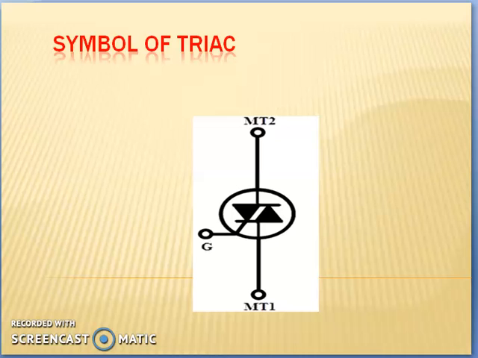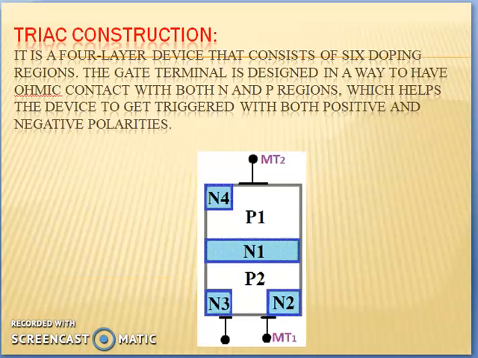It is a three-terminal device, a 4-layer semiconductor. Here you can see, it is a 4-layer device that consists of 6 doping regions. Here you can see P1 and P2 are the two, and the rest of the four are N1, N2, N3 and N4. So in total there are 6 doping regions.